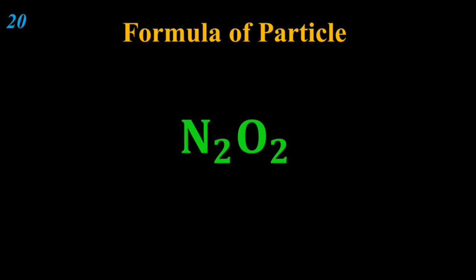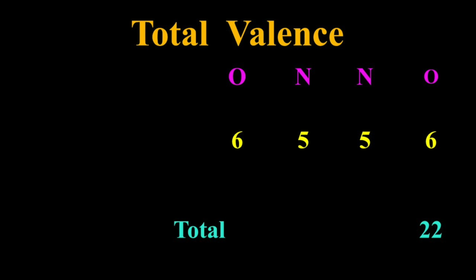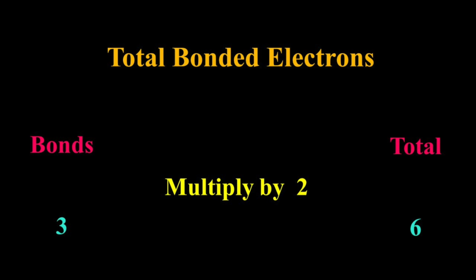N2O2. Let's take a look at this one. Fairly unique. So it's going to be linear according to what information we have. That's going to be the approximate shape. 6, 5, 5, 6. It's 22 electrons to work with. That's our total valence. Now we're going to have 3 bonds.